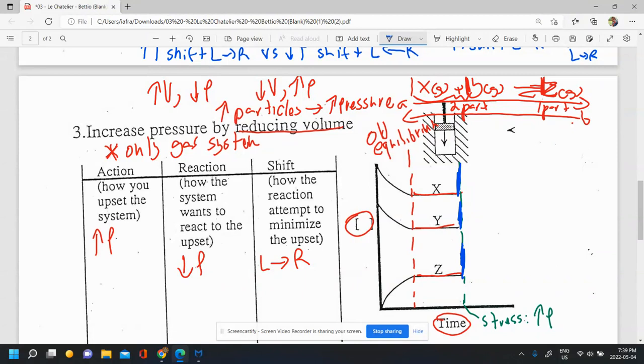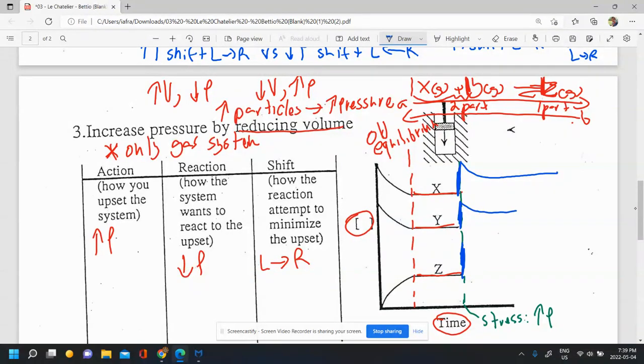If we saw an increase in volume or decrease in pressure, then we would initially see a sharp drop for all of them. But at this point, we see a sharp increase since we increased pressure. Now what's going to happen is we're going towards the right side to reduce the amount of particles. That means we're using up X and Y, so we're going to see a drop, and then it stops dropping.